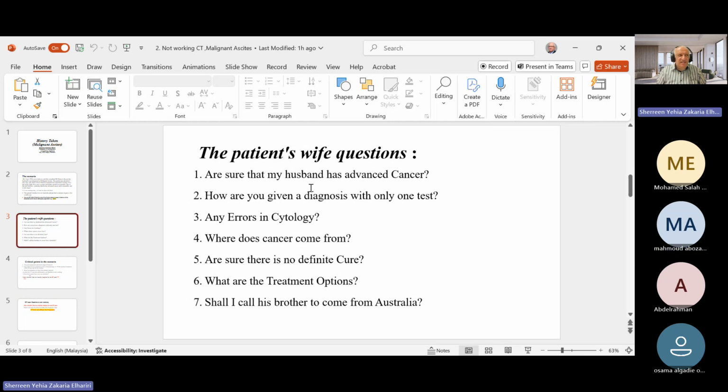So you mean that this is metastasis, so it is an advanced case. Yes, it is not a primary tumor in his abdomen. This is malignant ascites, which is secondary to the tumor, so it is a late sign of cancer. Okay? So are you sure there is no definite surgery or definite cure?